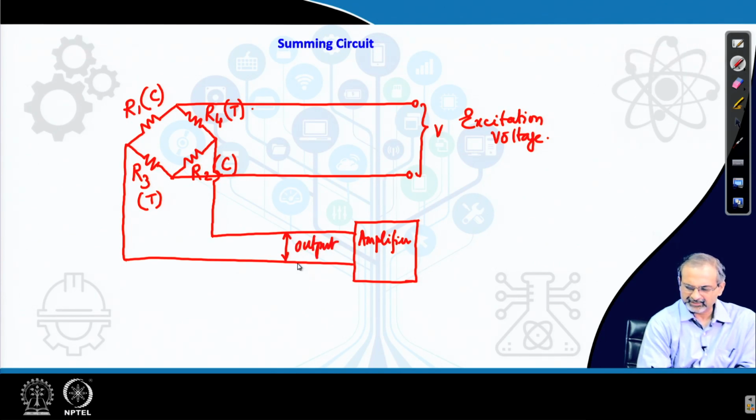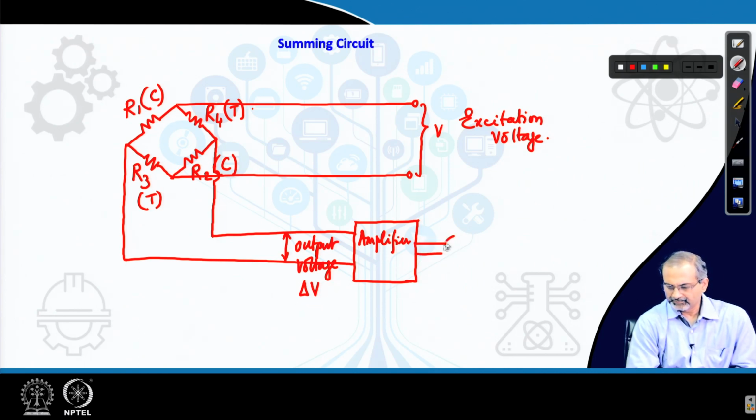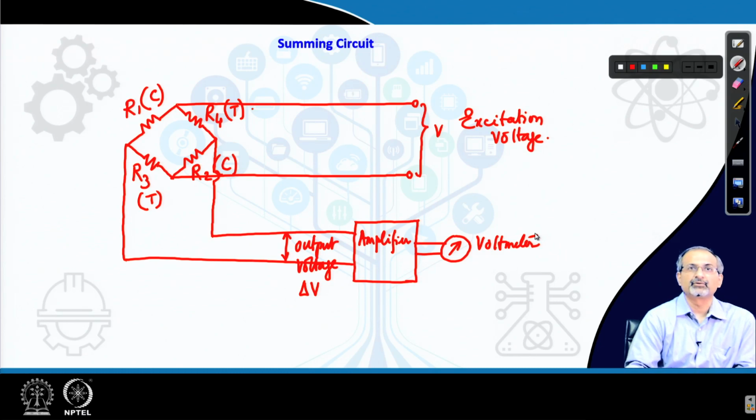So, what we get as an output from the bridge is an output voltage, we will mark it as delta V, which is way smaller than the excitation voltage. And often needs to be amplified before we can suitably use it for our data processing.